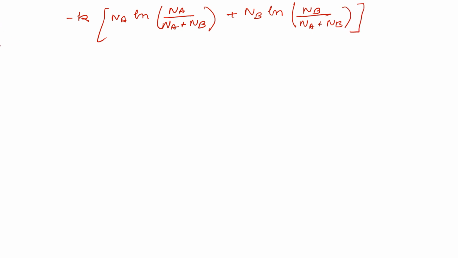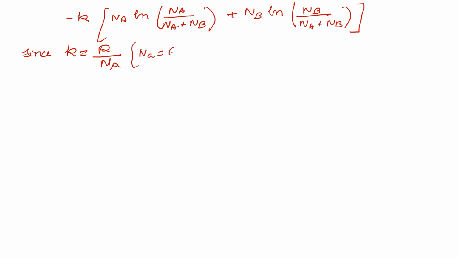Okay, so now since we know that the Boltzmann constant is nothing but the gas constant divided by n naught, which is the Avogadro's constant. We should write n constant to be consistent with the lectures.